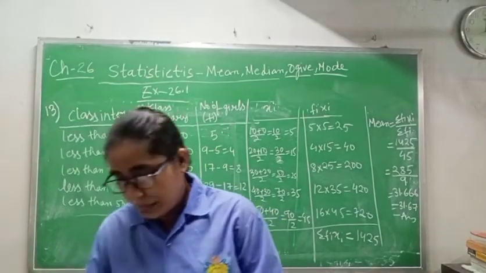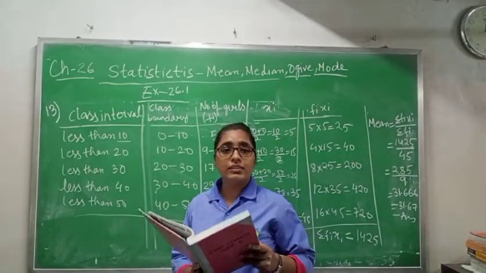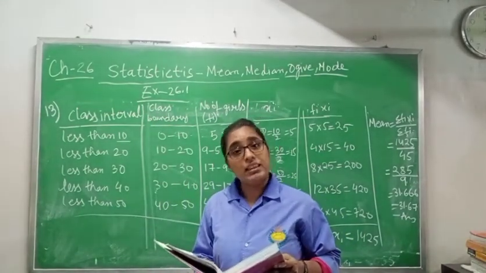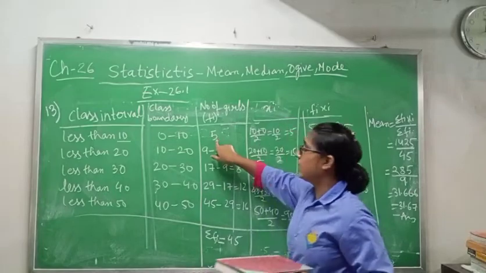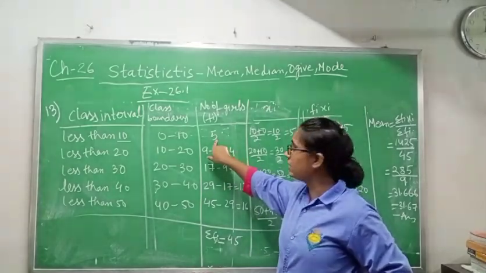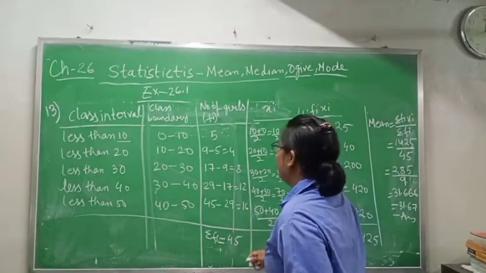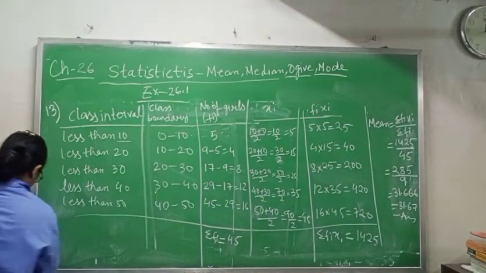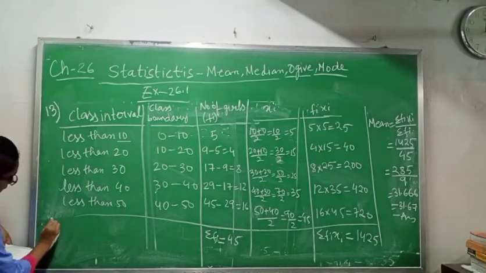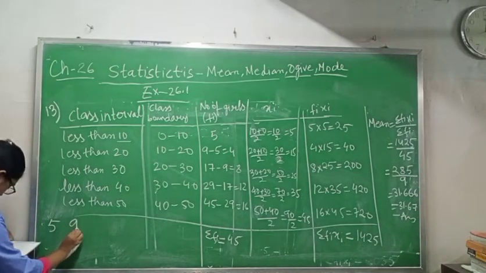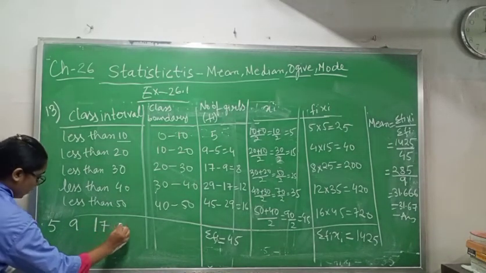Go to your book, open your book and see the number of girls written, first 5, then 9. So the first one you will write as it is, 5 as it is, but from the second one you have to subtract. I am showing you here, the number of girls is given like this: 5, 9, 17, 29 and 45.